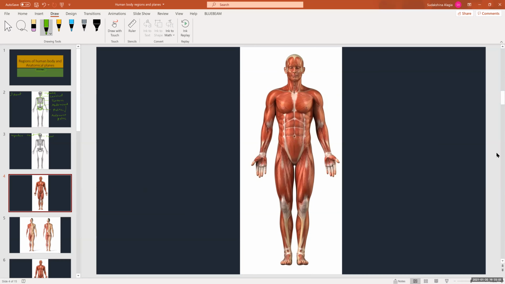So let's switch to this view now. You can look at the full body instead of just the skeleton. So looking at it anteriorly, the forehead is known as frontal. The eyes are orbital or ocular.